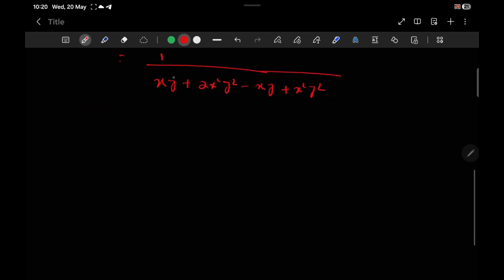Now this cancels, so we have 3x²y². So our integrating factor here is 1/(3x²y²).